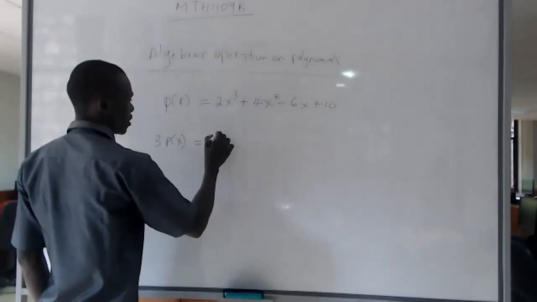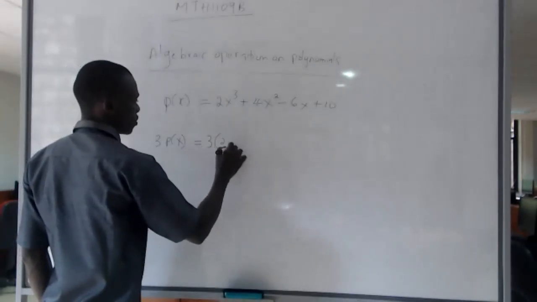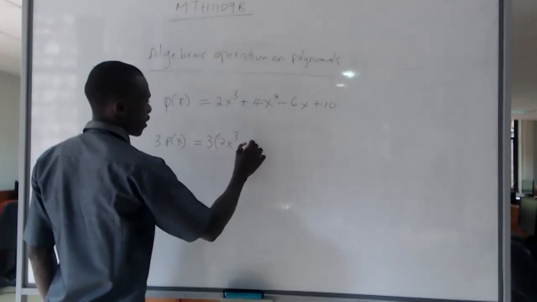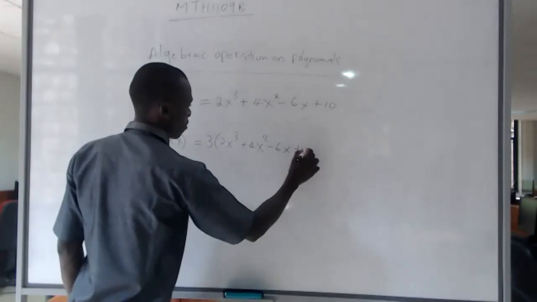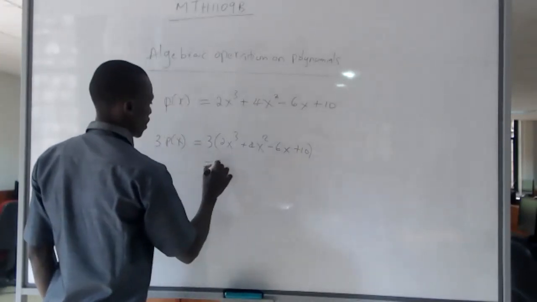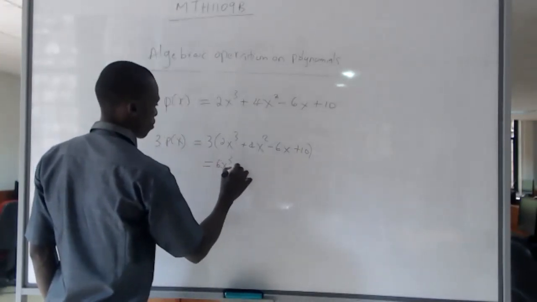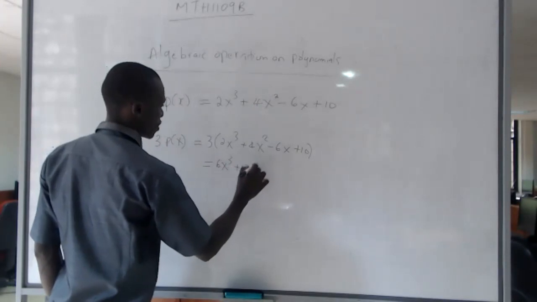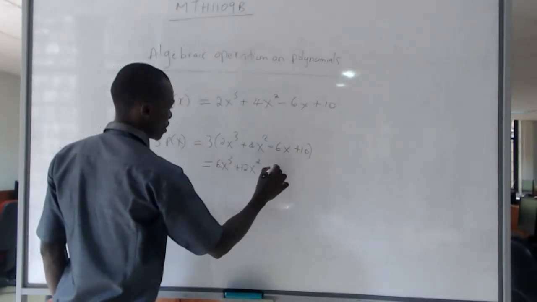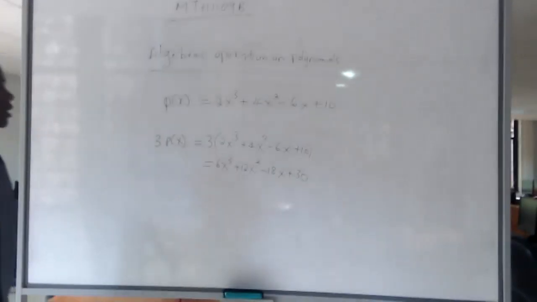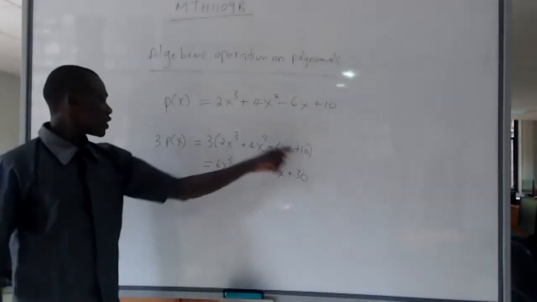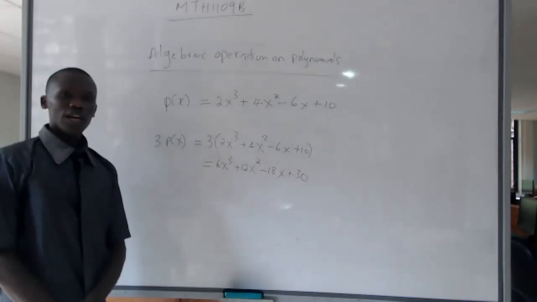This will be 3 times 2x cubed plus 4x squared minus 6x plus 10. And so we are getting 6x cubed plus 12x squared minus 18x plus 30. I've just multiplied each coefficient by this scalar.